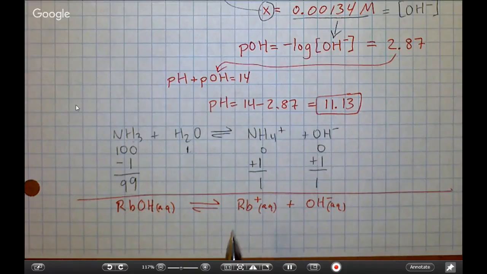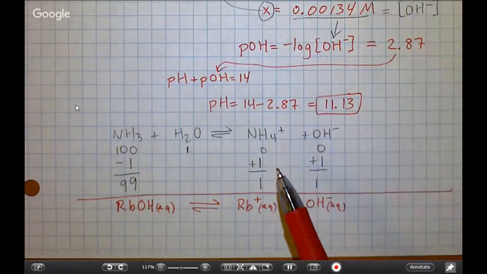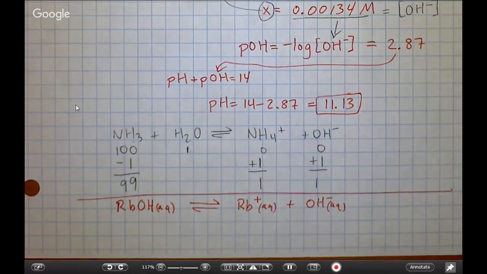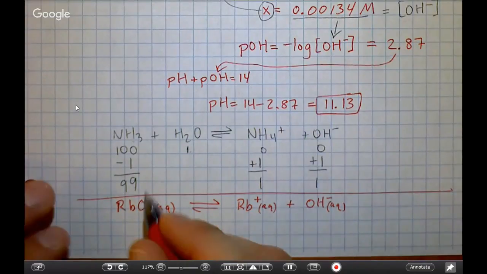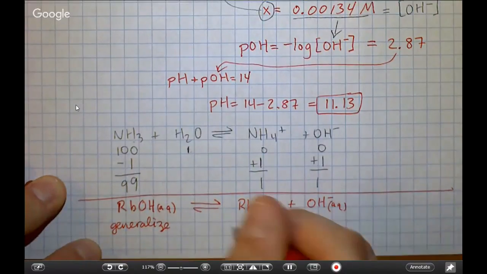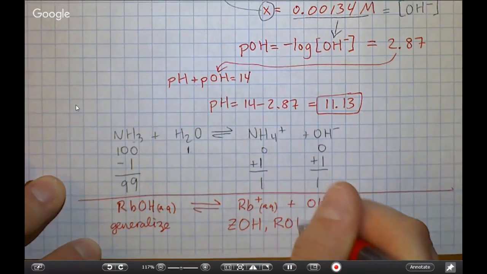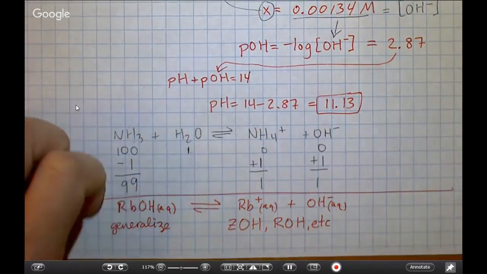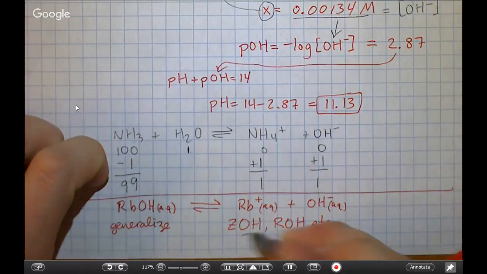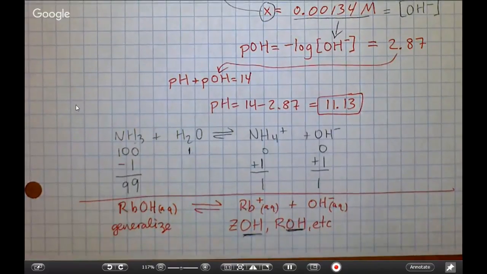I know before we saw with ammonium that it's got an extra H+, but that's not necessarily the case. So what we can do when we have other bases is generalize. We might say that we have ZOH or ROH, because our main focus is the hydroxide part of that base, the exception being ammonia right there. Okay.